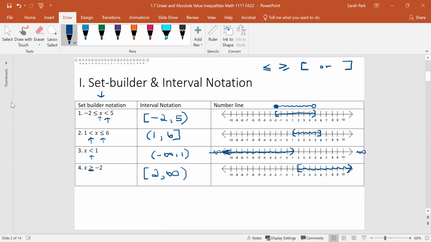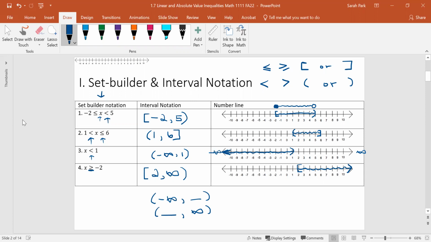If you just have strictly less than or greater than, you use parentheses. And infinity symbols always get parentheses, like if you have -infinity to some value or some value to infinity. Notice how -infinity always goes on the left-hand side and positive infinity always goes on the right-hand side.